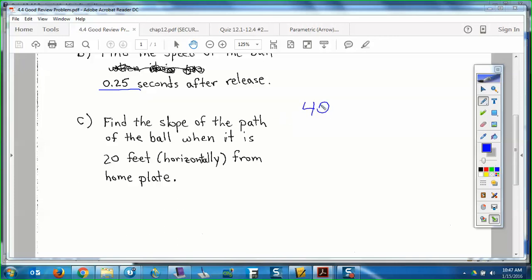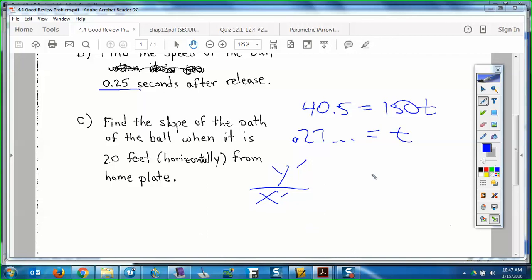So 40.5 equals 150 t. You're going to divide by 150, so you get t equals like 0.27 something something. Keep all those decimal places. And then we're going to plug that into y prime over x prime, which would be negative 32t over 150. So you'd plug that value into there.